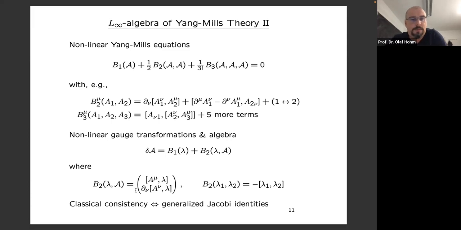And if you check the classical or perturbative consistency of Yang-Mills theory, let's say checking gauge invariance of the action or gauge covariance of the equations of motion, or that the gauge transformations close, so kind of a standard list of exercises that you would do in a QFT class when you introduce Yang-Mills theory, re-expressed in terms of the BNs, these maps, these are just the generalized Jacobi identities.